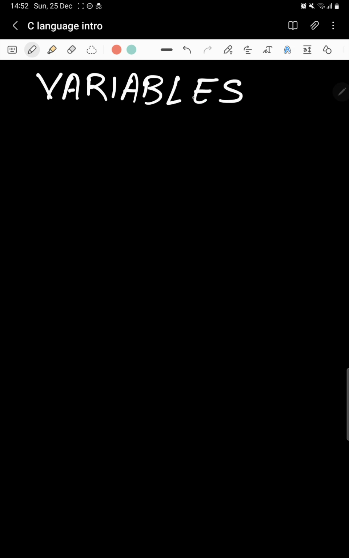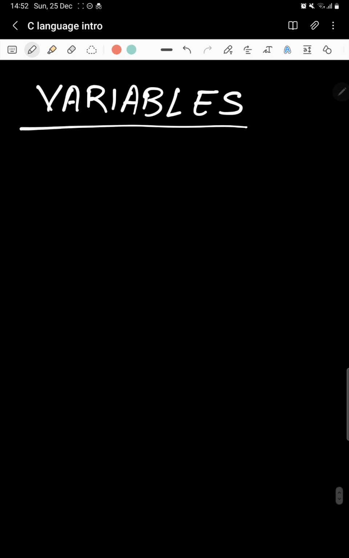Now coming to the second entity, which is variable. To identify any variable, we need to specify some name for it. Now for constructing the name of variables also, some rules are there. So now let's discuss the rules for constructing variable names.